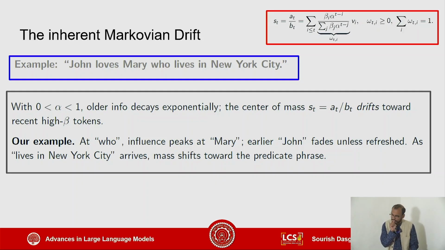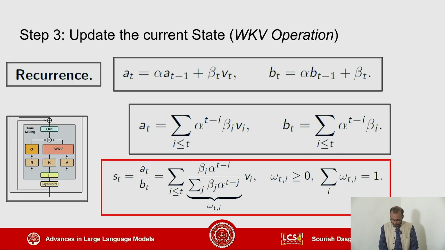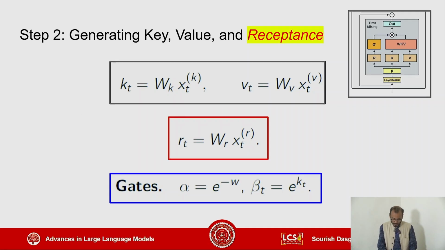What are the learnable parameters here? Alpha, beta? The learnable parameter beta is basically a function of your learnable parameters, right? So beta is the exponentiation of kt. Kt itself is WK and WV, and I'll talk about the receptance and what it does later on. But this is the encoding part.